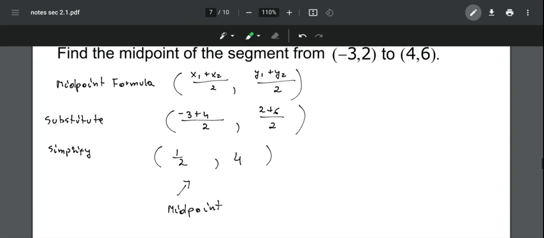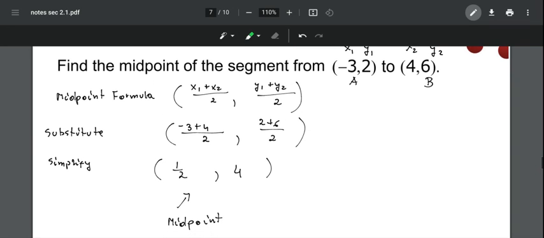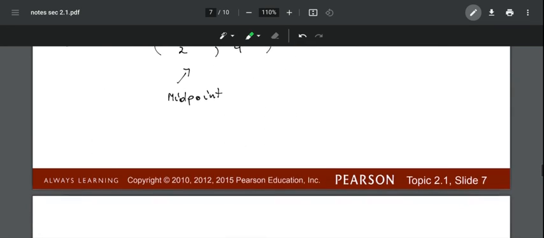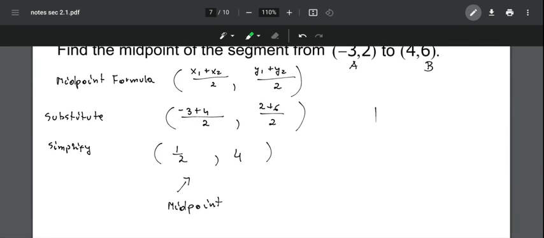And we can quickly graph it. So I'm going to label the first point A and the second given point B. Let me see if I have space. So let me just try to graph it here. Okay, 1 and 1.